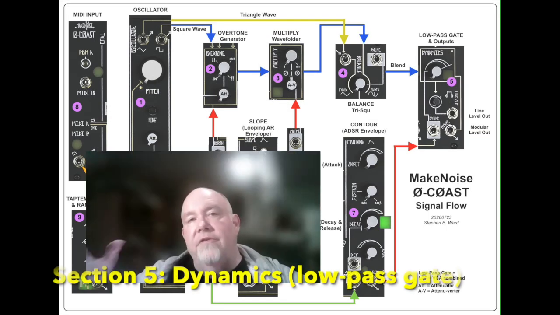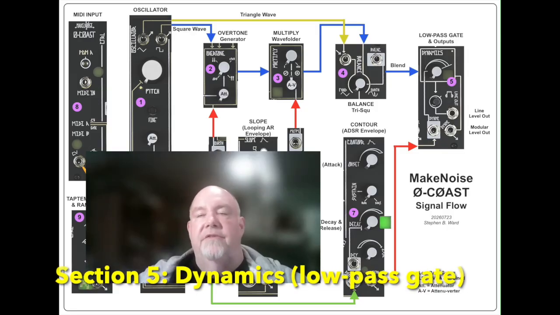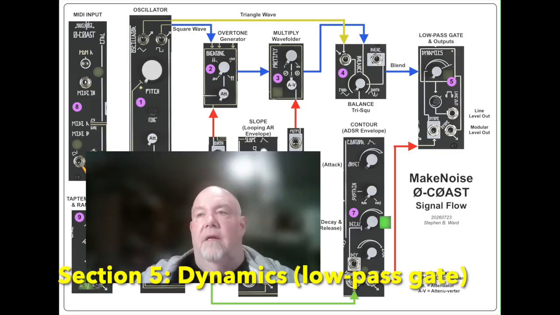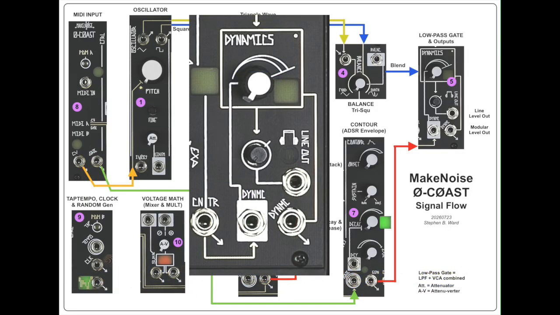Now, the final stage of the audio signal path is section 5, dynamics. This section uses a voltage-controlled low-pass filter / amplifier, also known as a low-pass gate. As signals get softer in a low-pass gate, they get darker as well. Conversely, as the gate opens up and the signal gets louder, it gets brighter.